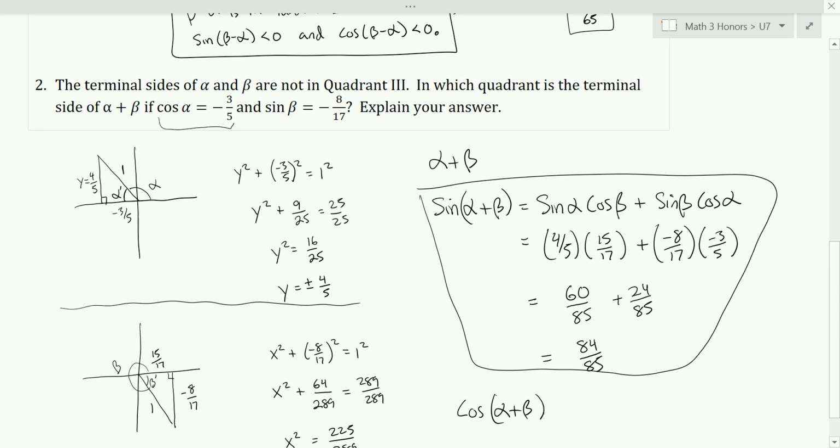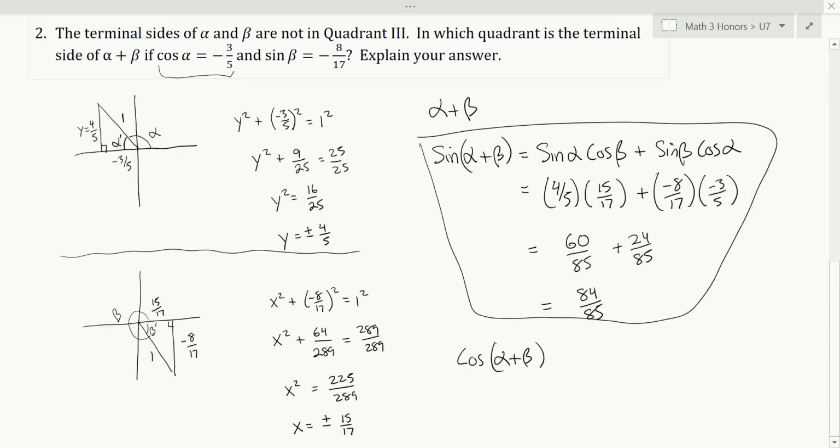After using the Pythagorean theorem, we found the 3 side lengths of our triangles, and we found the sine of alpha plus beta was positive 84 over 85, and we were just getting started with finding the cosine of alpha minus beta, or at least I was. Maybe you worked ahead of me.